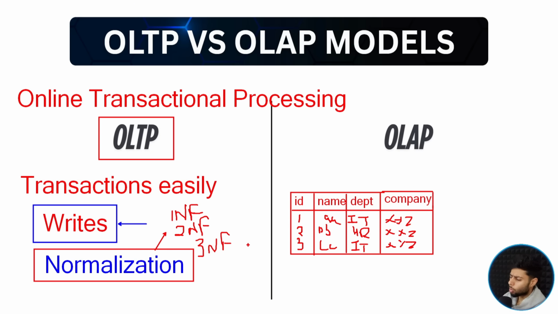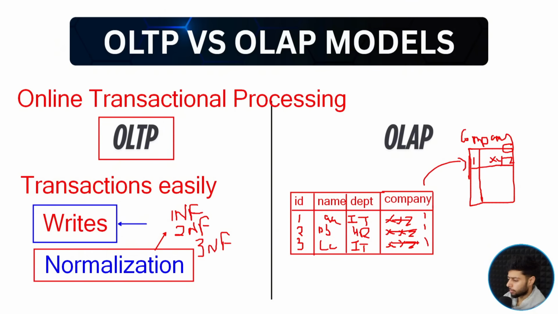They do not keep company data within the ID, name, and department data. They simply create a different table for company, with a company ID of 1 and the name XYZ, so the rows just say 1, 1, 1. They do not want to keep data like this, and similarly for department as well.